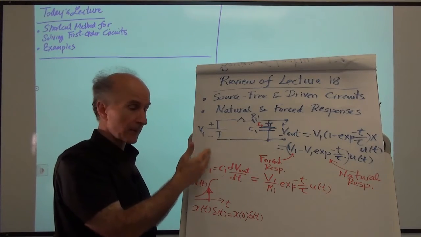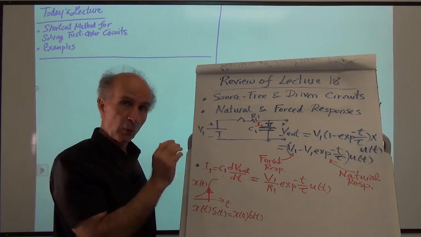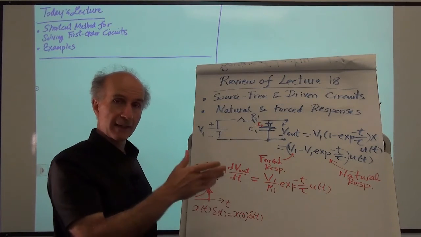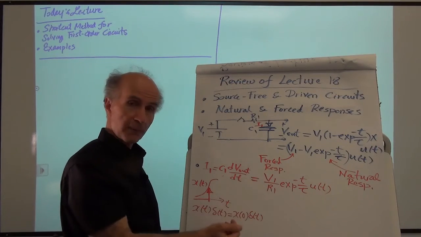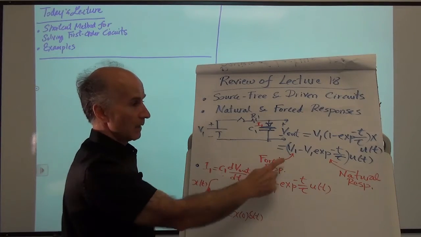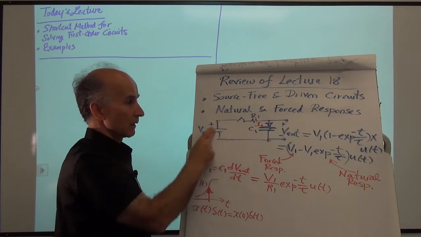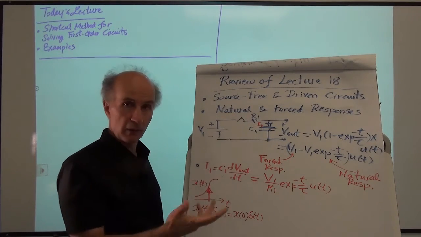And then to determine the forced component, I wait a long time so that the natural response decays and dies away. So whatever is left is what we call the forced response, and this has some resemblance to the input. In fact, in this case, this is just V1 u(t), which looks like the voltage that you would observe right here. After the switch, it would be V1 u(t).